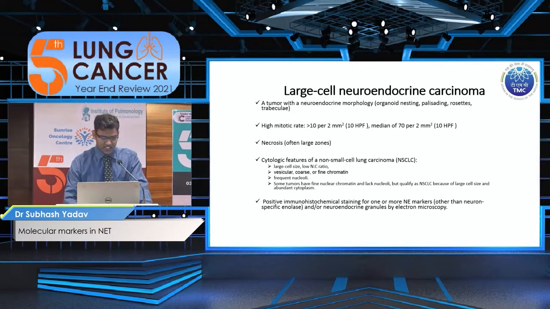They look like any other carcinomas. They have nucleoli. They may have fine or coarse chromatin, but on immunohistochemistry they show positivity for neuroendocrine markers, which may be one or more. Typically we use synaptophysin, chromogranin, INSM1, and CD56.